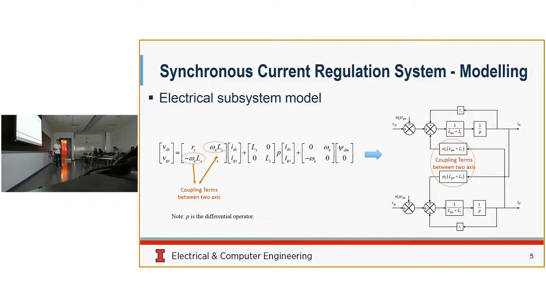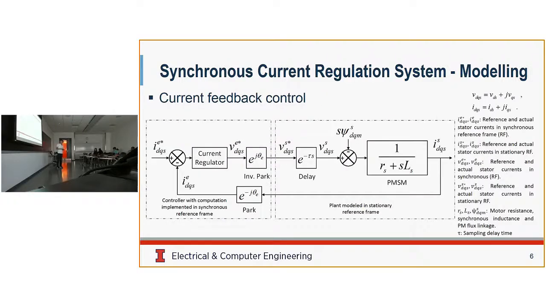Okay, so when we study the electrical subsystem model, we can see it can be expressed in matrix form, and the D and Q axes have a coupling term between each other. And this is a current feedback control system block diagram. Basically, the plant is in the stationary reference frame, but the controller is normally implemented in the synchronous reference frame.